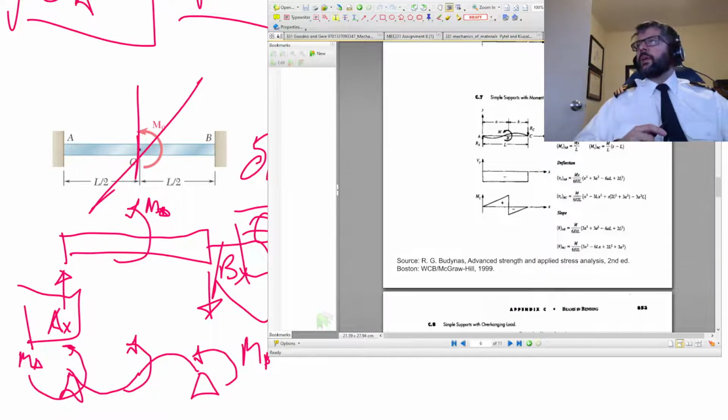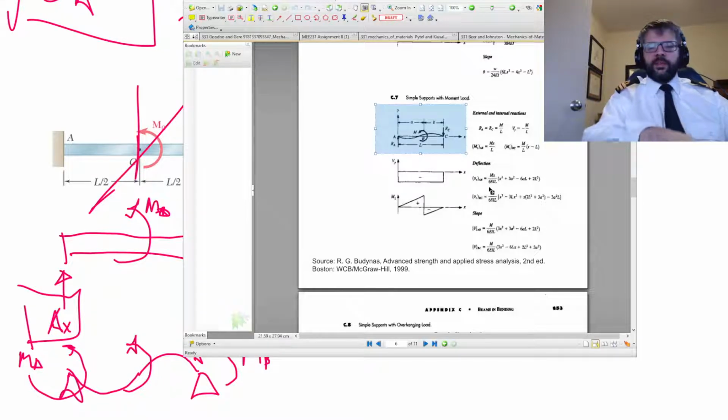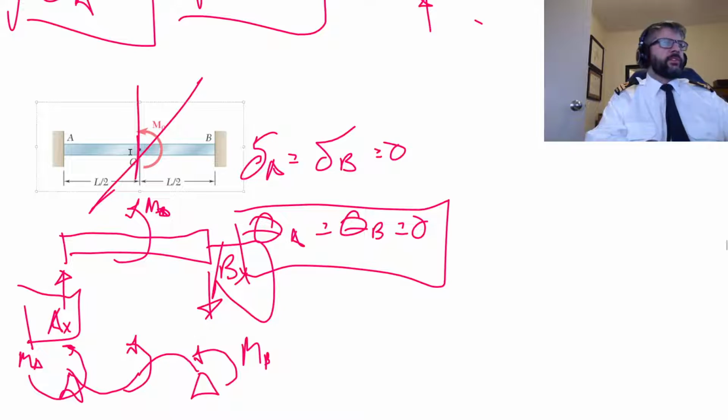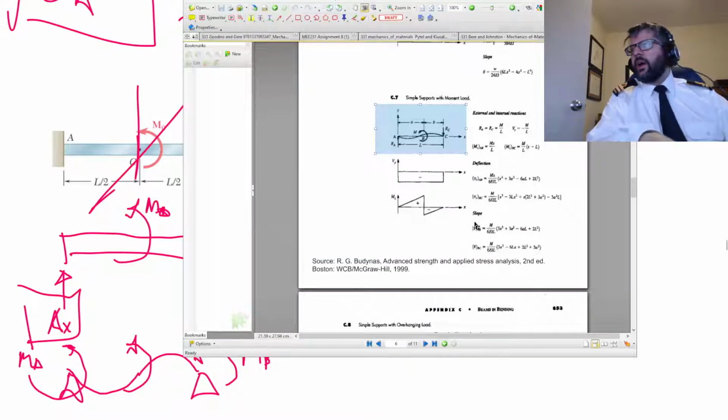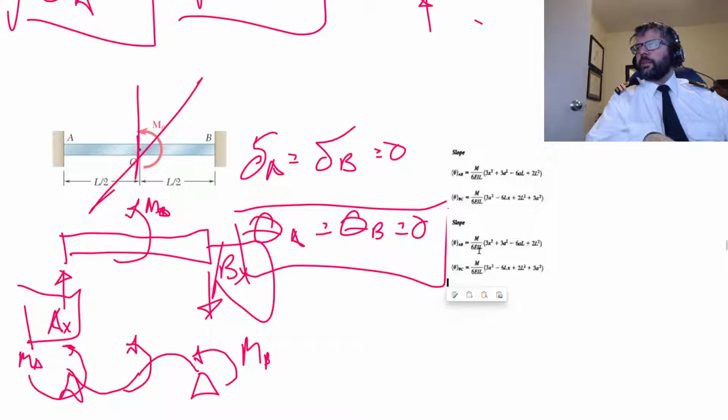So yeah, in the formula sheets, we've got simple support with the moment load. The key conditions that we're worried about are the slopes at the two ends. So the slope that would be caused just by that moment in the middle can be found with this formula here.